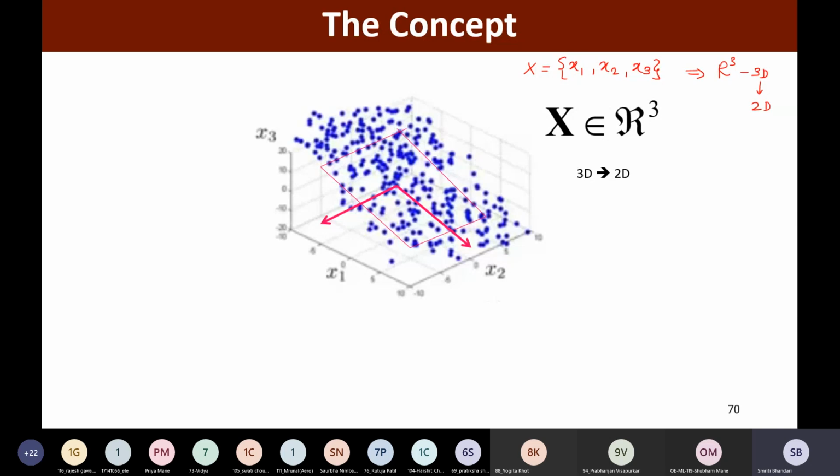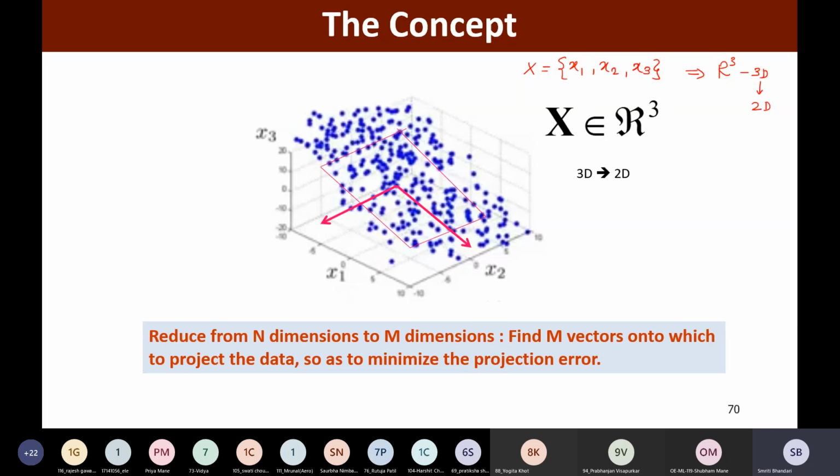Whichever points are described in 3D space are projected onto this 2-dimensional plane. So we are transforming a 3D point into a 2D point. This is how we reduce the dimensionality from 3 dimensions to 2 dimensions.